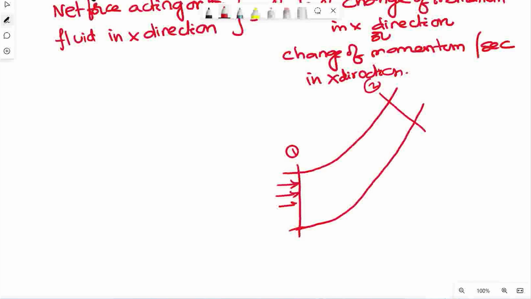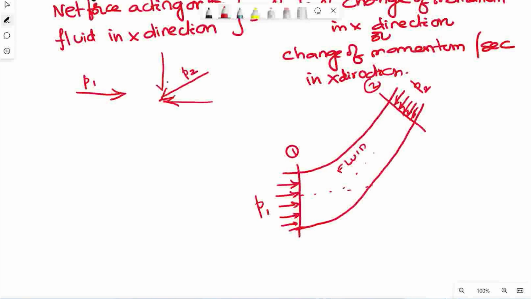This is the pressure force P1 on the fluid, and this is the pressure force P2, with its own direction.